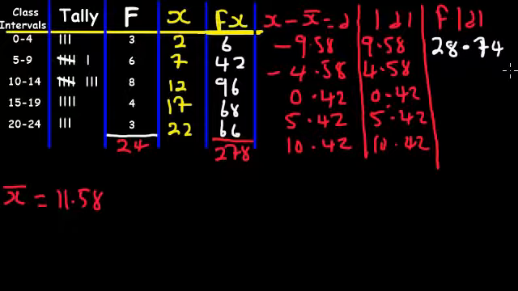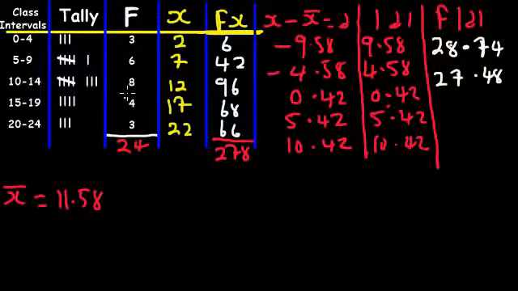So the second one, 6 times 4.58 gives us 27.48. And the third one, the frequency is 8. 8 times 0.42 gives 3.36.